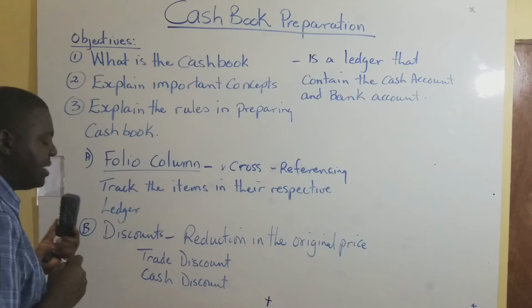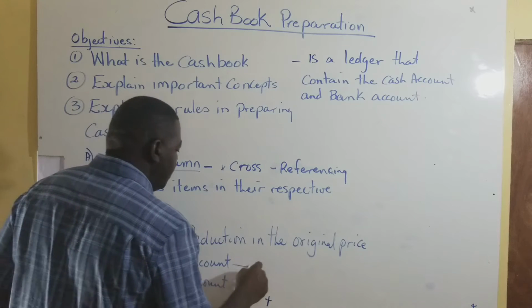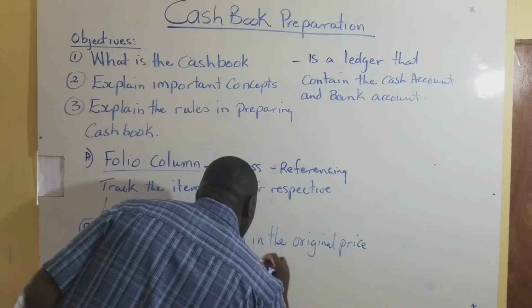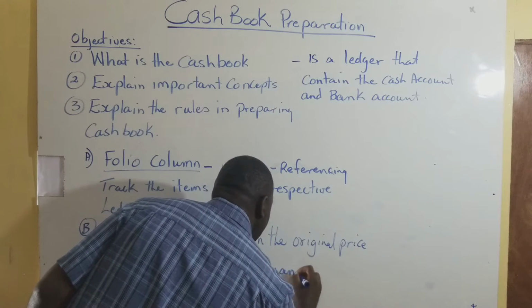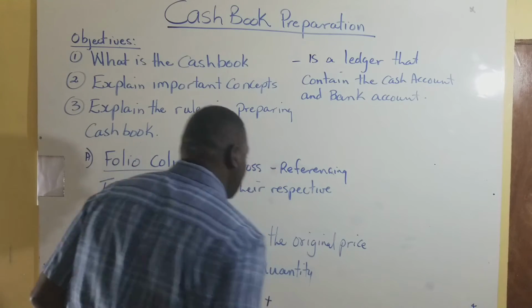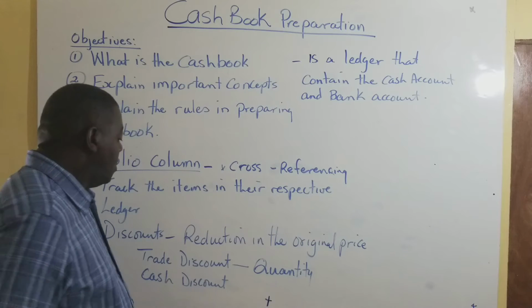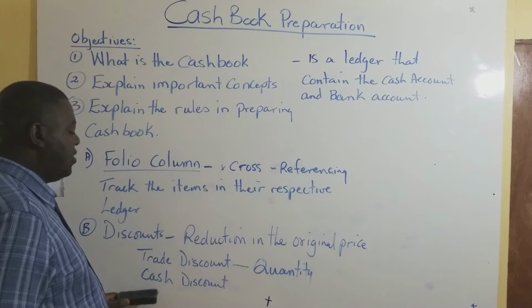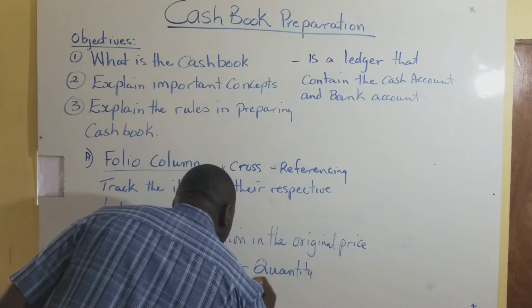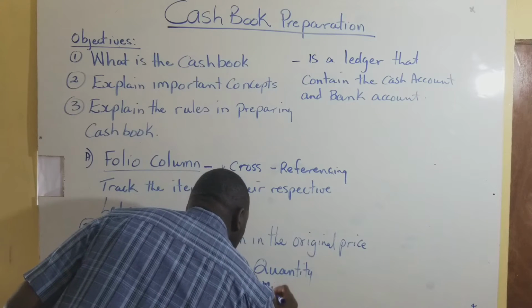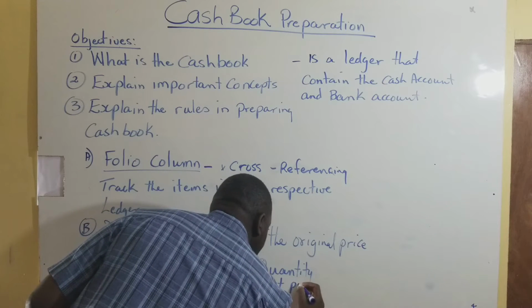Now, trade discount is offered based on the quantity. So it's when we are buying in large quantity, we get trade discount. However, cash discount is about the promptness. So it's about prompt payment.